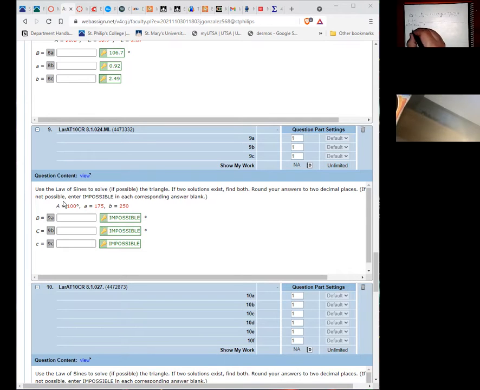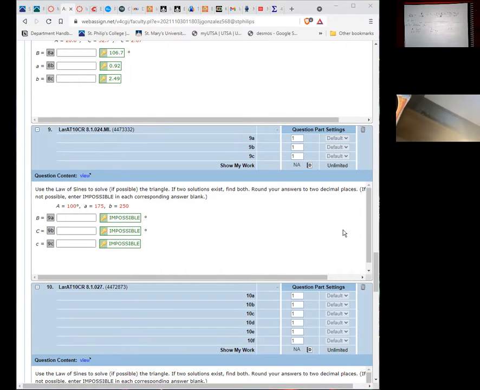Okay, they give me A equal to 100. Little a is 175. Capital B is missing. Capital C is missing. Little b is 250.